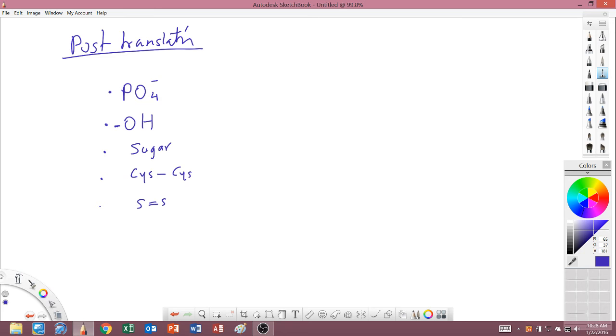And one extremely important post-translation modification is known as mannose 6-phosphate. When you add mannose 6-phosphate to a protein, it is a signal for transport into lysosomes. As soon as you add this, this protein is targeted for lysosomes.